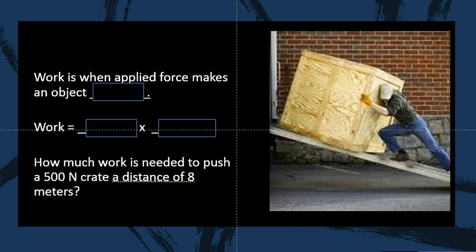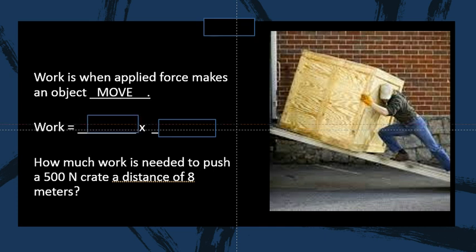All right, so finally, this is my last slide. Work is when applied force makes an object do what? The definition of work is when a force makes an object, and I hope you got this one right, move. The next question, work equals blank times blank.